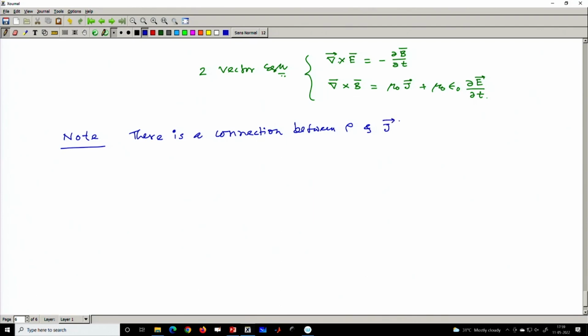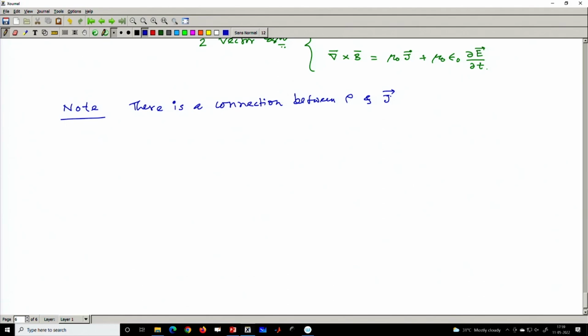They are not independent and they are related through the well known continuity equation. So, they satisfy this equation. That means they are related, these two are not independent.